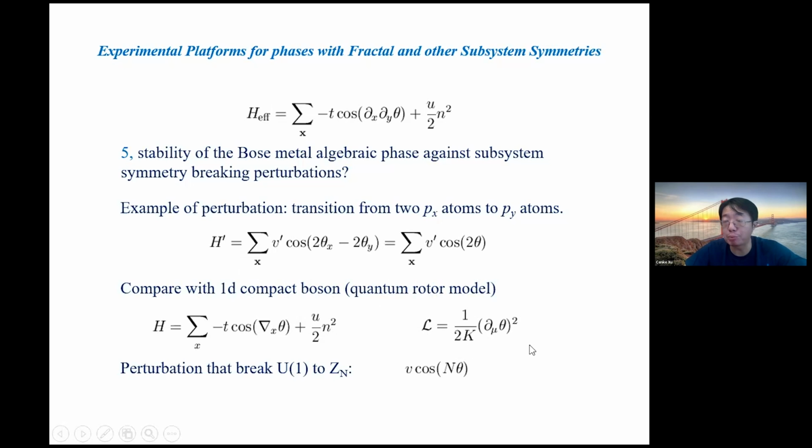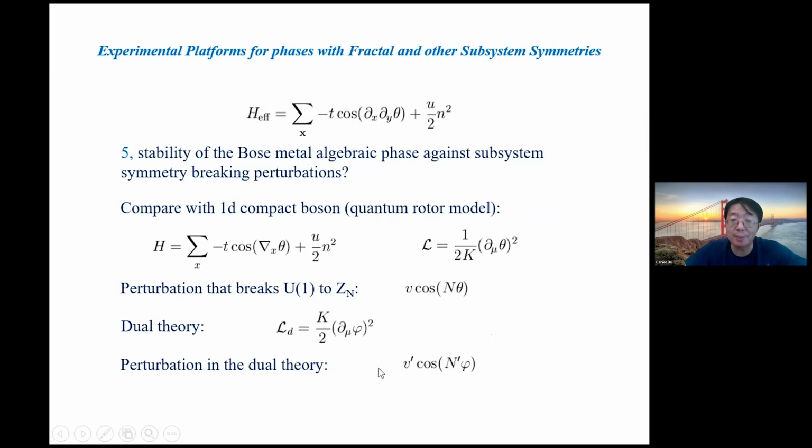For example, suppose I break the U1 symmetry to Zn symmetry: we turn on an operator like this, which breaks the U1 to Zn. We can also turn on other vertex operators in the dual model, which look like this. Then we can ask whether this gapless phase, this conformal field theory, is stable or unstable against these two perturbations.